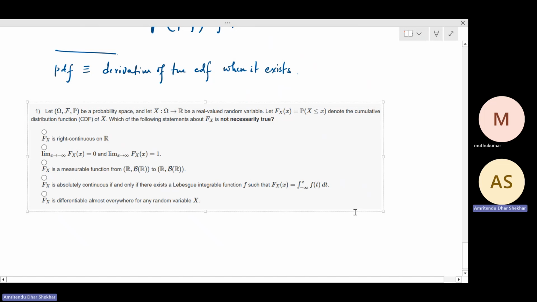Okay, I'll think about this problem. I think all the options are correct, but I will have to think about this problem a little bit. That if and only if part is also correct. The fourth option is definitely correct, 100%.